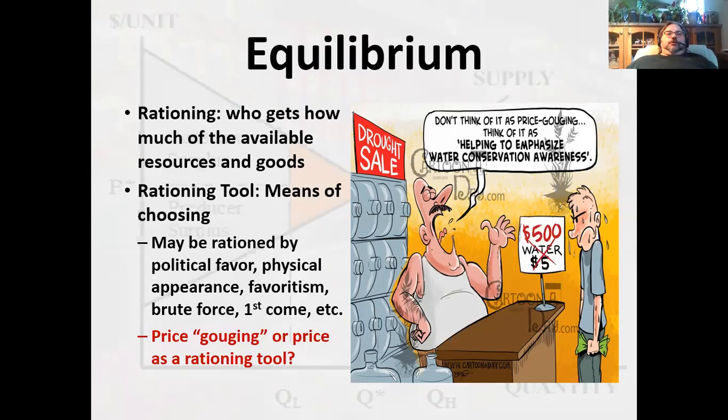Some of the damage was to the fixtures that carry drinking water to houses and businesses, and so consequently bottled water was in high demand because the water coming out of the tap was not necessarily safe to drink. And what we saw was a sharp increase in the price of bottled water.